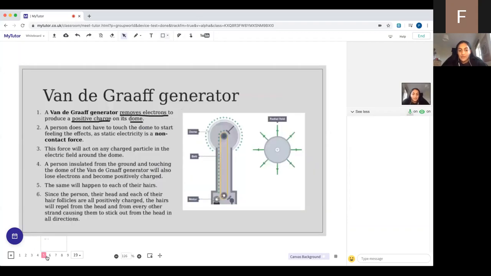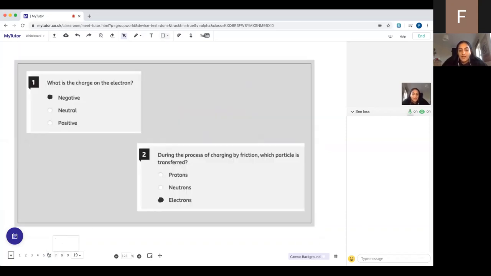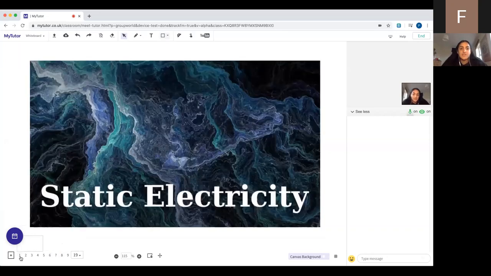Then we went through how the Van de Graaff generator works, and the fact that it combines static electricity and fields, and what will happen to a person if they were to touch it. What happens when we place an electric charge in an existing electric field? Well, it feels this electrostatic force, which gets stronger as we're close to the charge, and that is everything that we covered today, as well as some exam questions which you can find online really easily. There's actually quite a lot of them, so hopefully when you're doing your own practice you'll be able to find loads of great questions to practice.